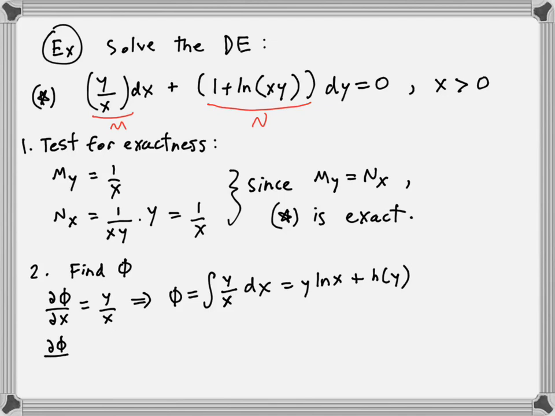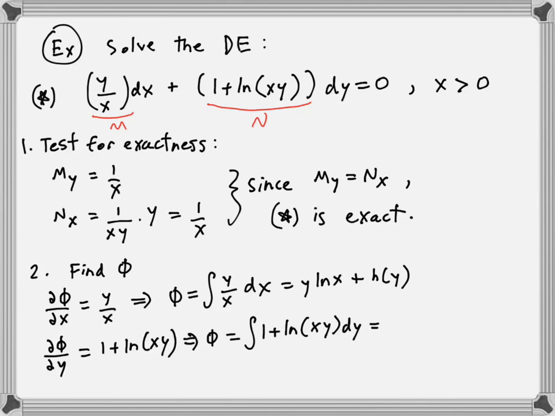We know the partial derivative of phi with respect to y has to equal n, which is 1 plus ln of xy, which means that phi is equal to the integral of 1 plus ln of xy dy. So when you integrate that with respect to y, let's see what we get.